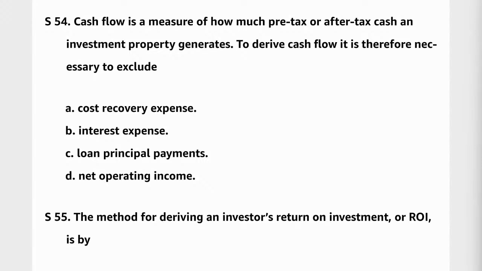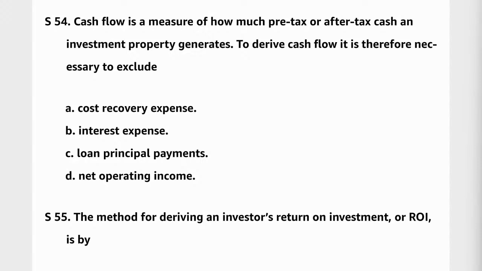It can't be net operating income because that is the actual cash flow after all expenses. However, with net operating income, taxes haven't been paid on it, and if there's a lot of write-offs, then they may not have to pay any taxes.